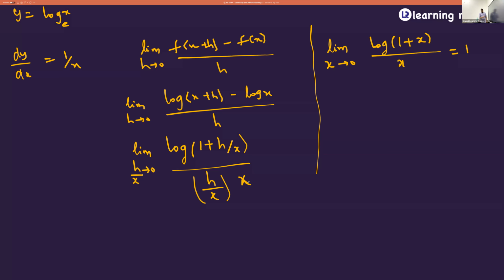When I do this, now limit something tends to 0, log of 1 plus something by something. This whole thing is 1. So what are you left with? That's the reason the derivative is 1 by x. Understood? All these things are for your knowledge.